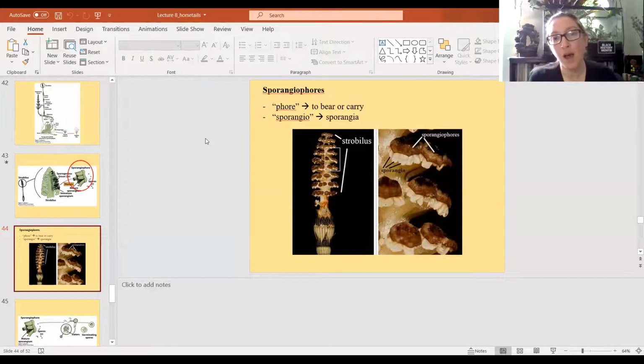more efficient. Each sporangiophore can have on it sometimes like 20 sporangia. Whereas in the lycopods, when you had a Strobilus that was just made up of sporophylls, each sporophyll can only have one sporangia on it.